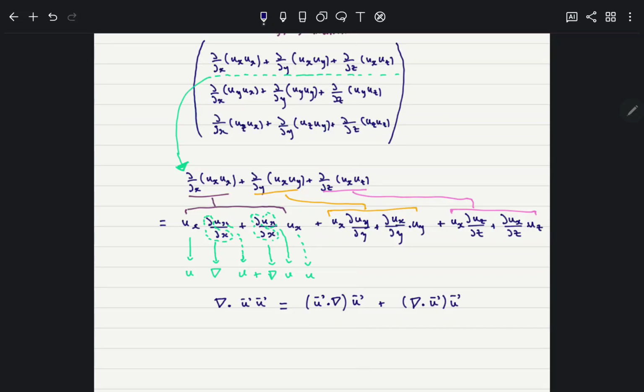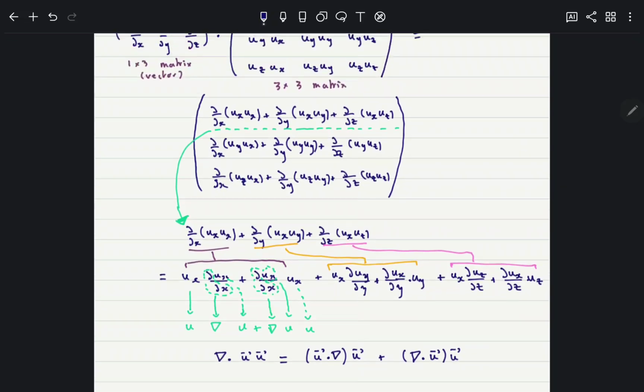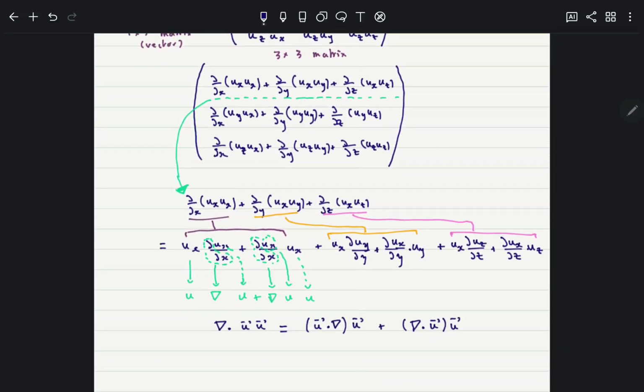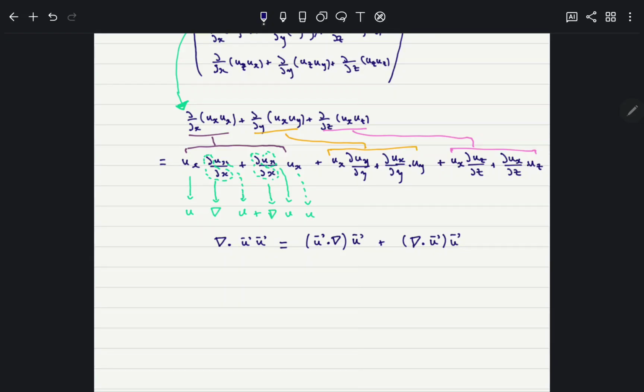And we're going to use that identity in our momentum equation. So now we're getting back to these two terms, the transient term and the convective term, and we're going to combine them.